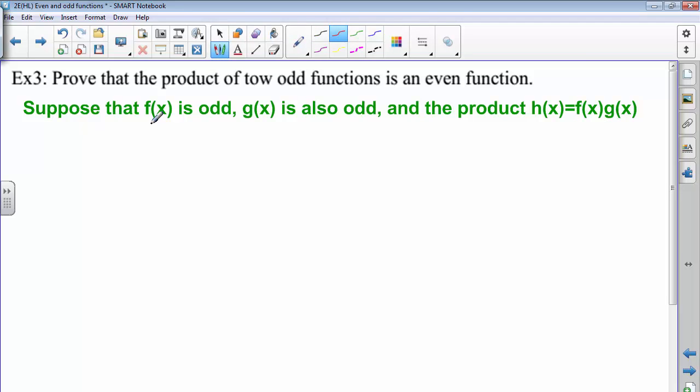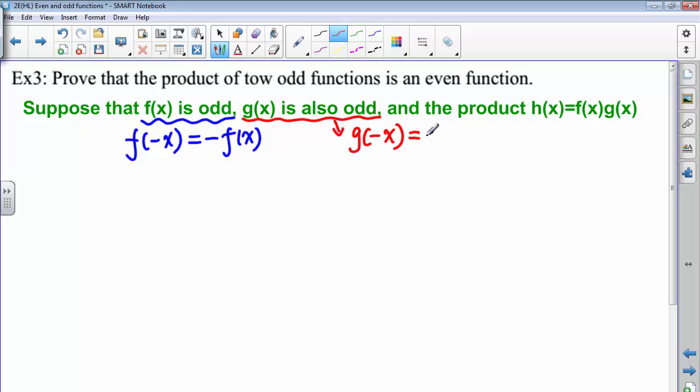It's exactly the same as what we proved in example 2. This one is odd. It suggests f of negative x is the same as negative f of x. And g function is also odd, which means g of negative x equals negative g of x.